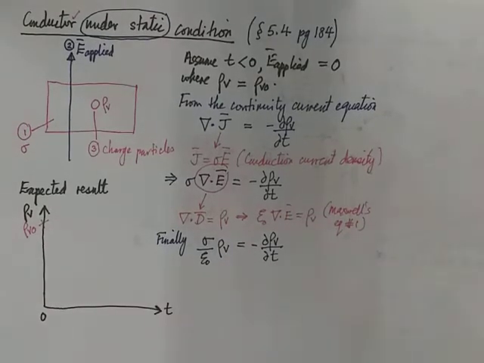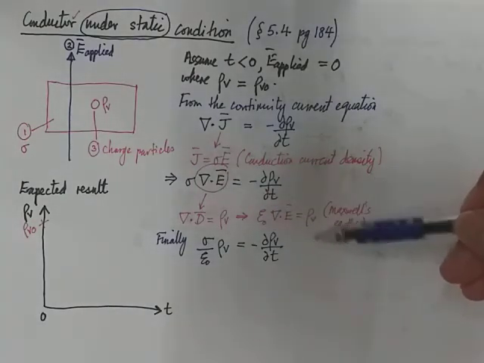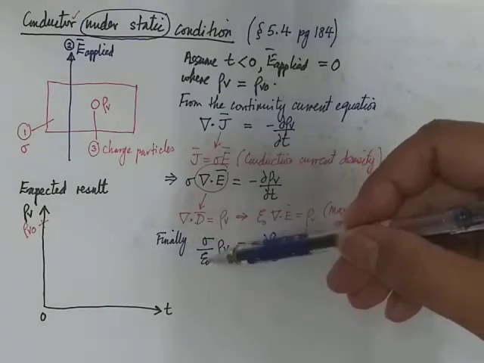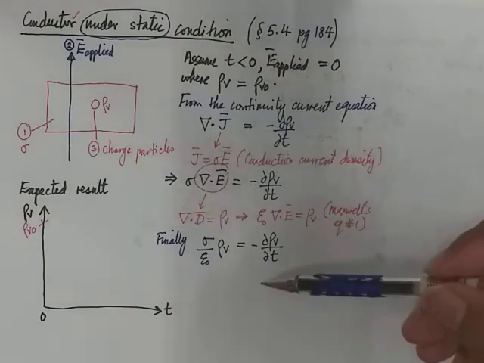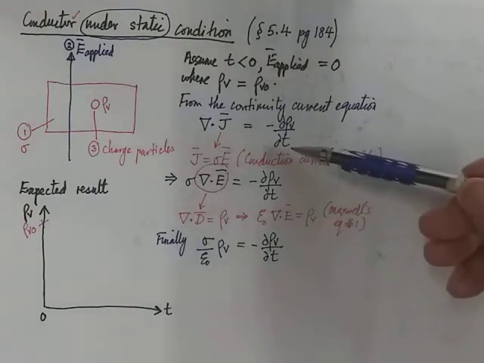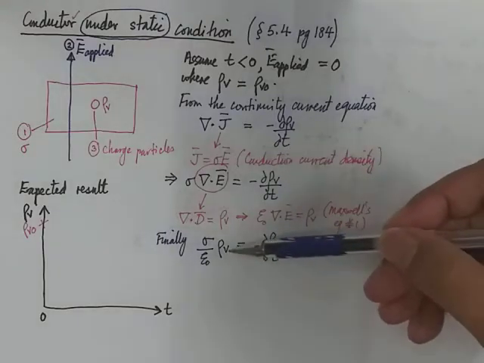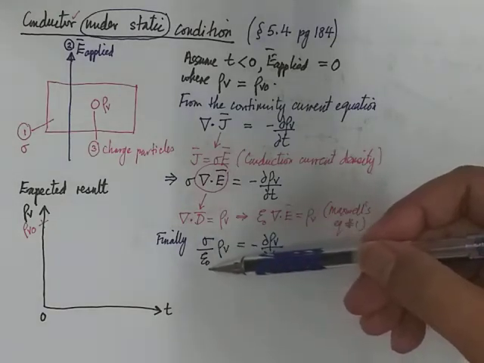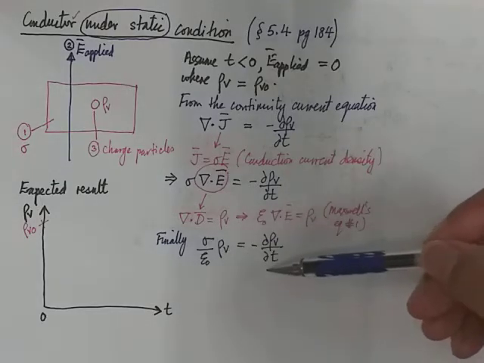We substitute this term with rho v over epsilon naught. So I'm going to combine the constants sigma and epsilon naught. So alhamdulillah, we managed to convert from the general continuity current equation into a final equation that only contains rho v and time, because sigma and epsilon naught are constant. So what we end with here is rho v and time.